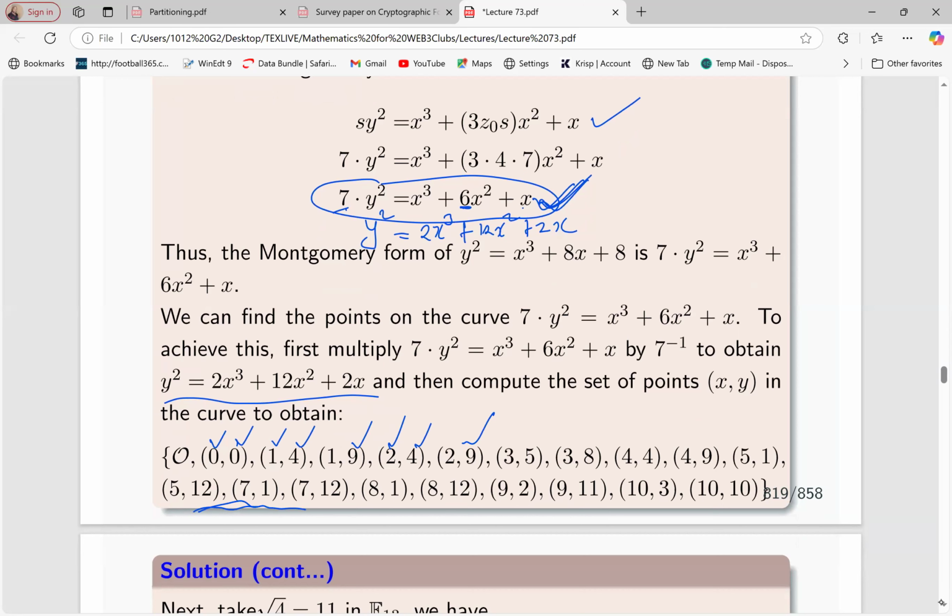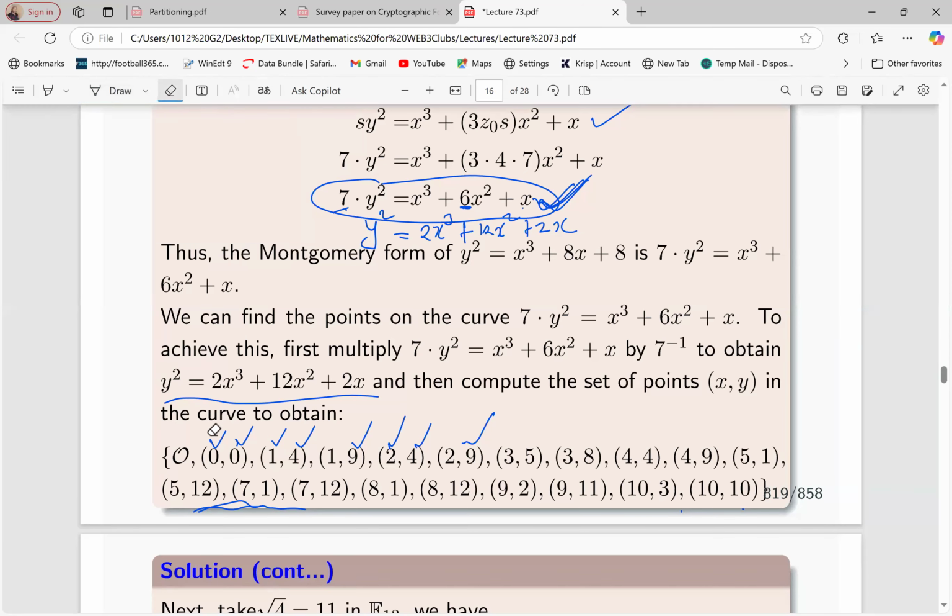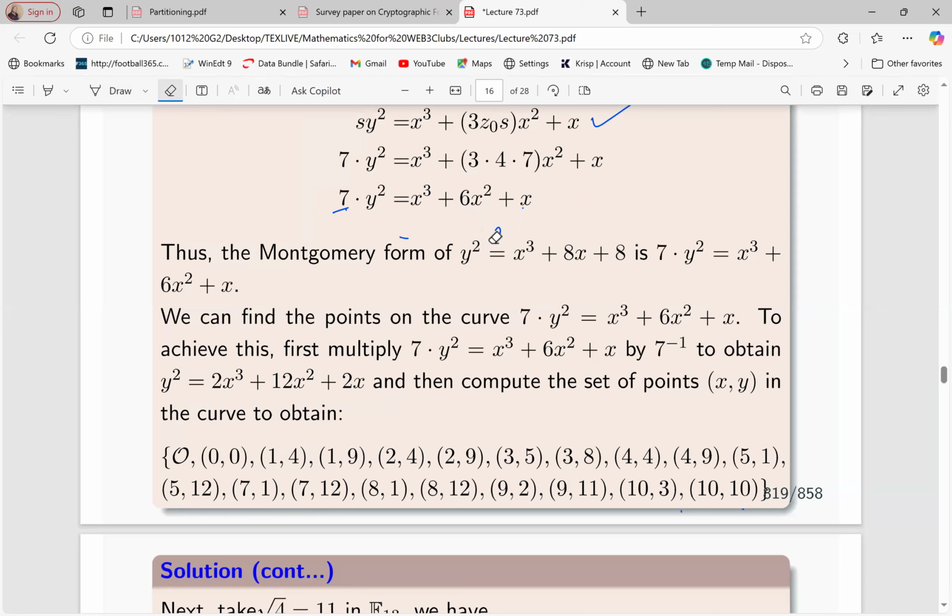When x is 11 and 12, there are no corresponding y values. What is important again to note is that the curve we began with, which was a short Weierstrass curve, had 20 points. And so we expect this new curve to also have 20 points.